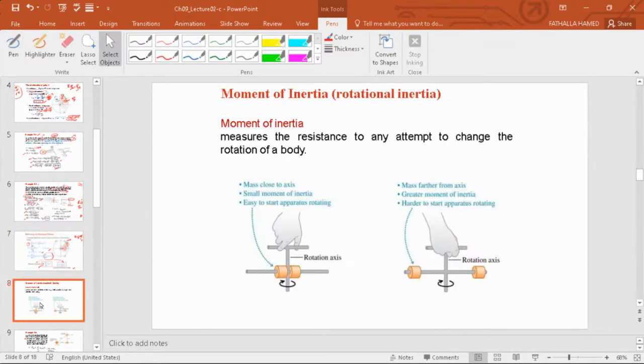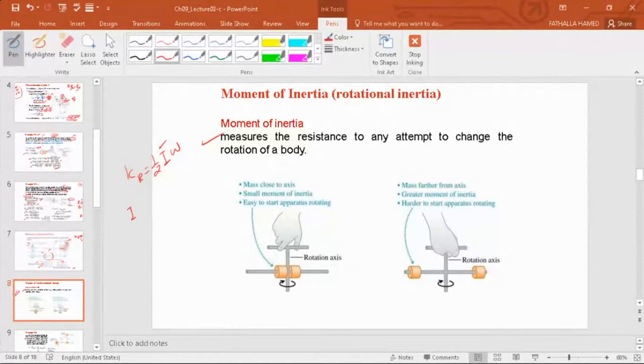So now, how do we look at this moment of inertia that came out of our math here? Well, moment of inertia measures the resistance to any attempt to change the rotation of a body. Since we said the rotational kinetic energy equals 1/2 I omega squared, I is something that influences our rotational kinetic energy.